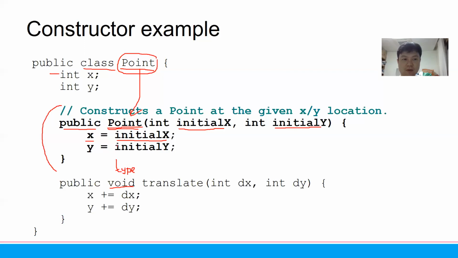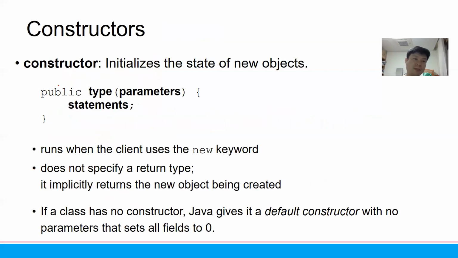And then we want the initial y as the value for the y, so y is this data member. So the constructor means we want to initialize the state of the new object.